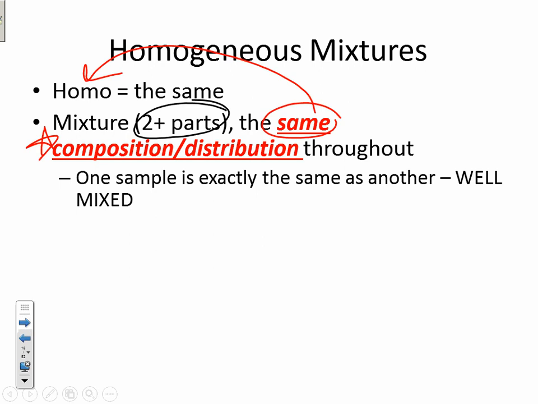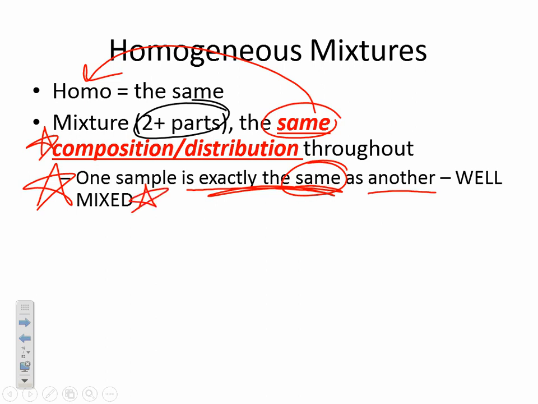One sample of the mixture will be exactly the same as another. It is a very, very well mixed mixture. It is still a mixture, it's still two or more things, but it is an evenly mixed mixture.